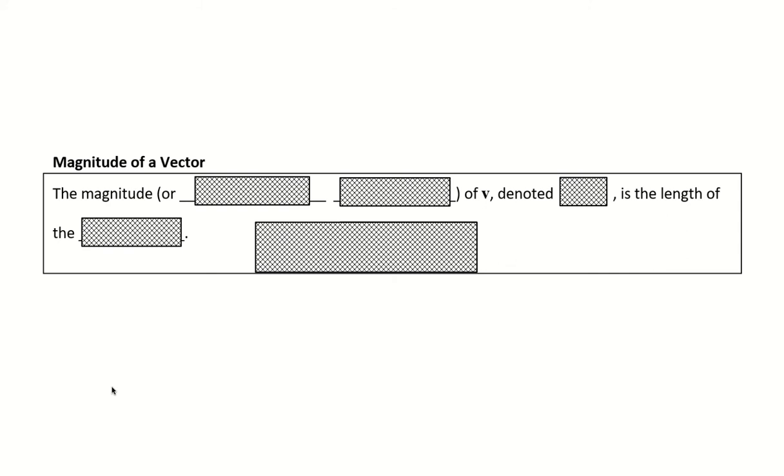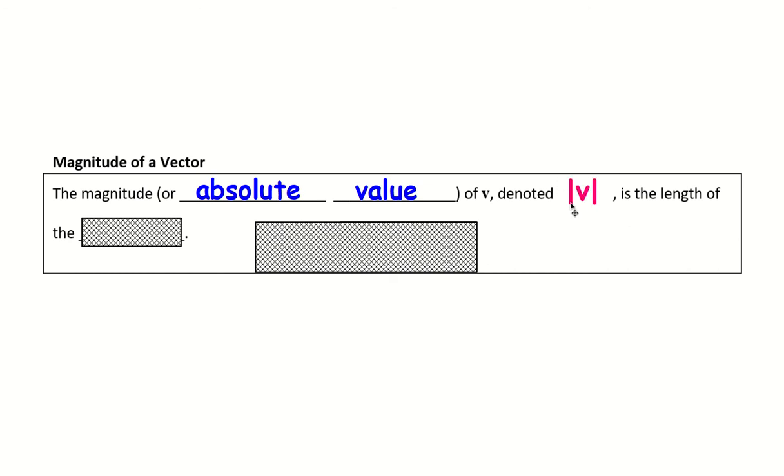The magnitude of a vector, or absolute value of v, is denoted, well, that's not a surprise, with absolute value symbols. The magnitude, which is pretty much absolute value, of a vector is the length of the arrow. That's what I said.